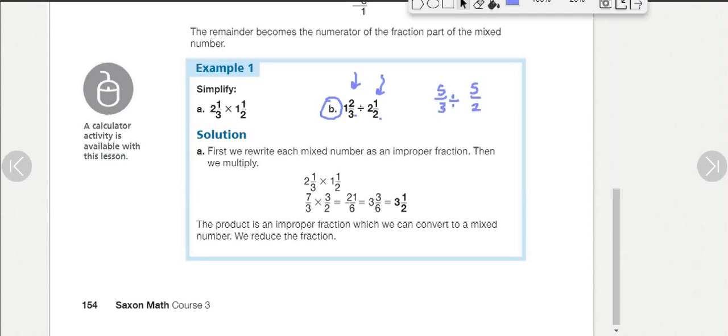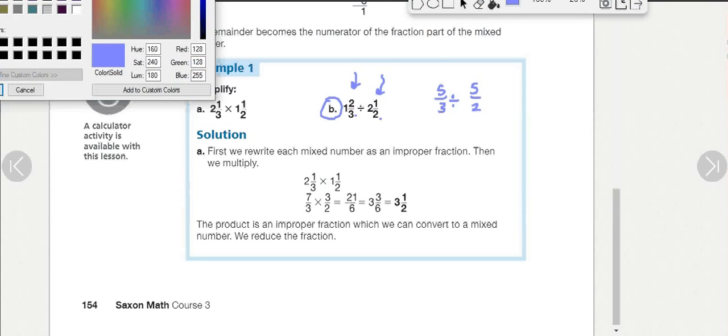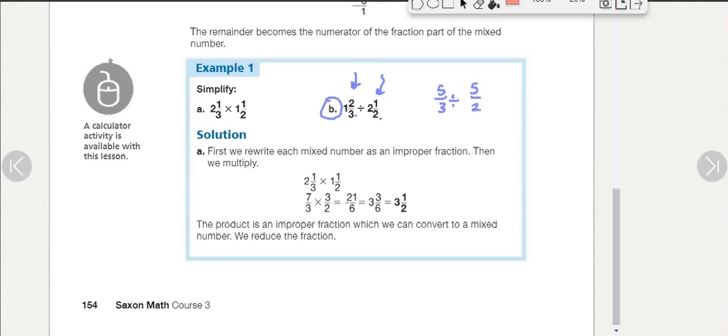Okay, so that we don't get mixed up, now would be the best time to change to multiply, flip to its multiplicative inverse. So we're doing 5 over 3 times what?